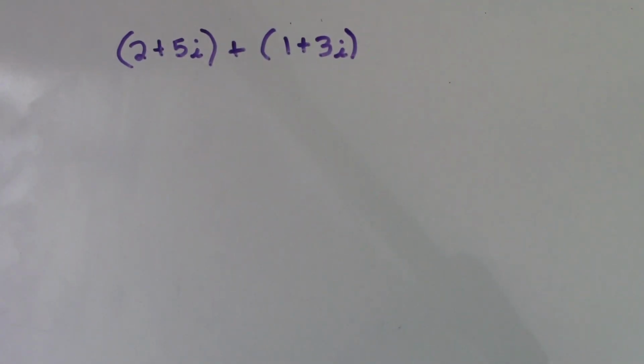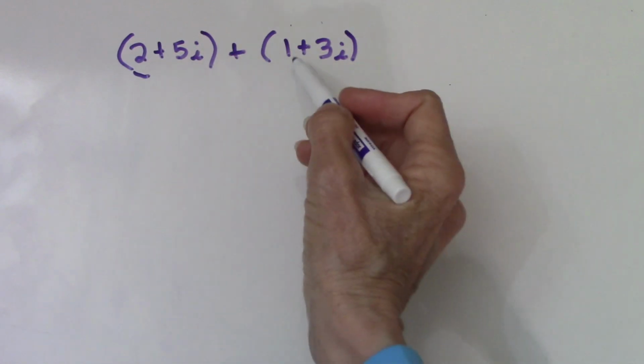Okay, now let's look at adding complex numbers. So we have the complex number 2 plus 5i, and we're going to add it to 1 plus 3i. We don't actually need the parentheses, but we're going to add our like terms. We have a 2 and a 1.